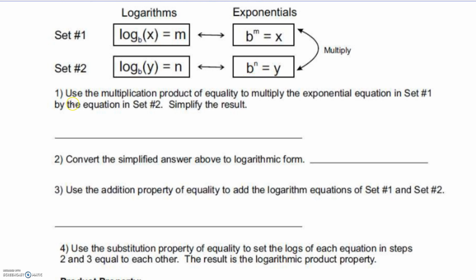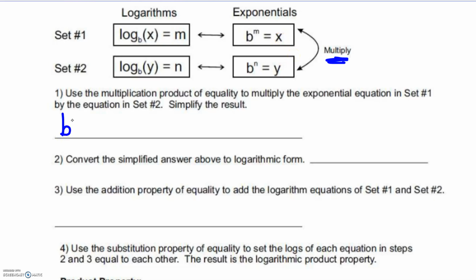And the first thing it asks us to do here is use the multiplication property of equality to multiply these two exponential expressions, or equations. So if I multiply the two expressions on the left, that'll equal the product of the two expressions on the right.